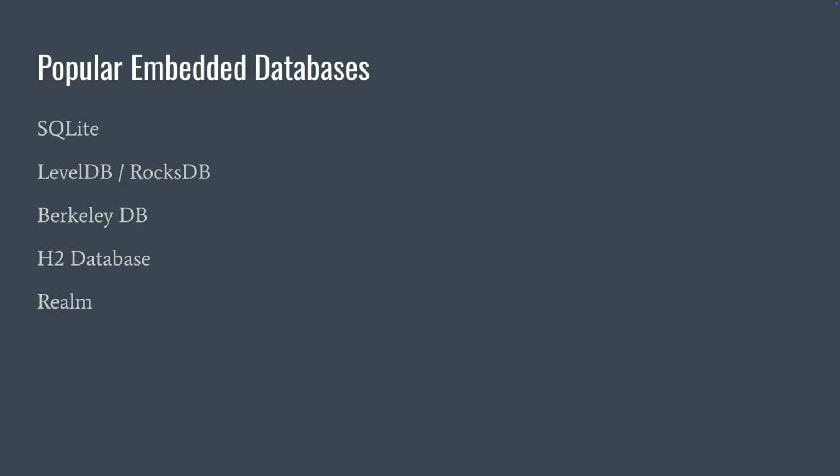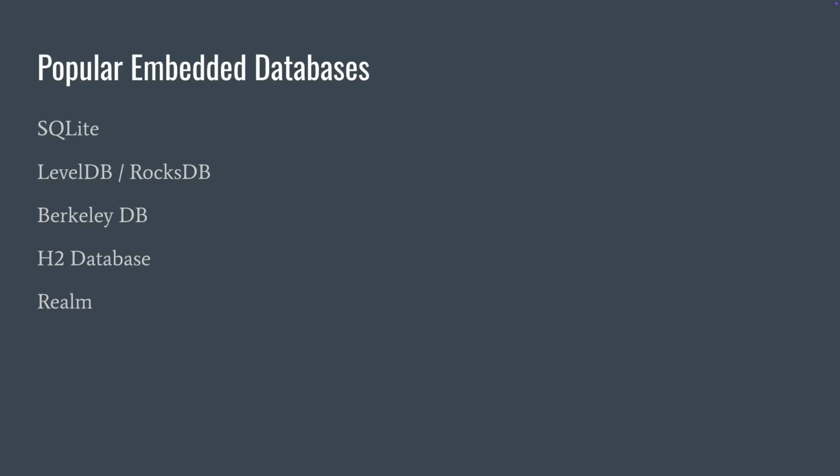Last is Realm, and this is acquired by MongoDB, and it's a more modern embedded database with an object-oriented approach and frequently used in mobile development. Realm focuses on speed, ease of use, and an intuitive data model tailored to mobile apps.